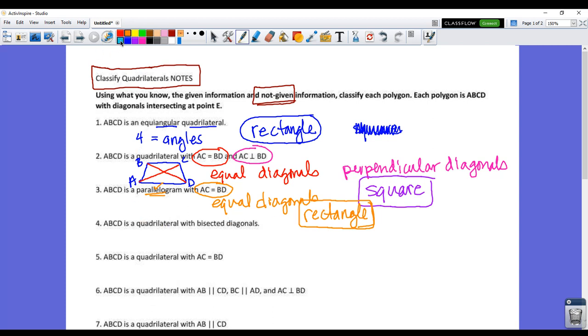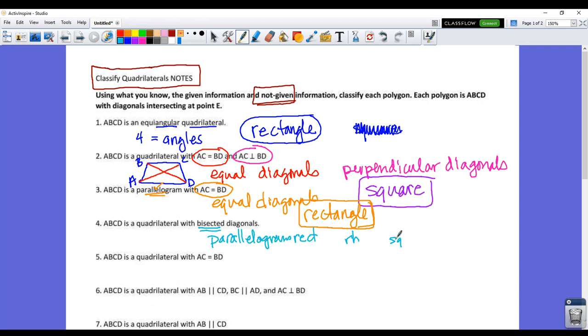Okay, number 4. A quadrilateral with bisected diagonals. Think about all the things that have bisected diagonals. Squares have bisected diagonals, rhombuses have bisected diagonals, rectangles have bisected diagonals, and of course parallelograms have bisected diagonals.